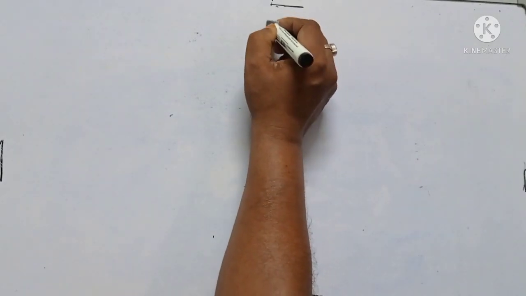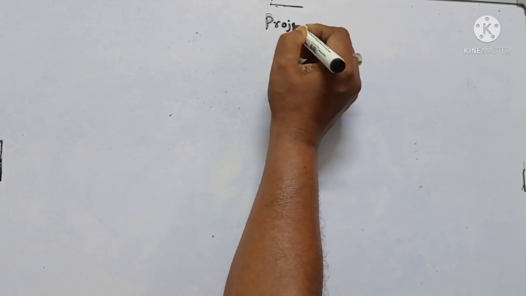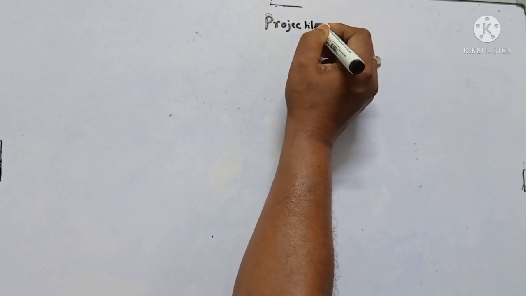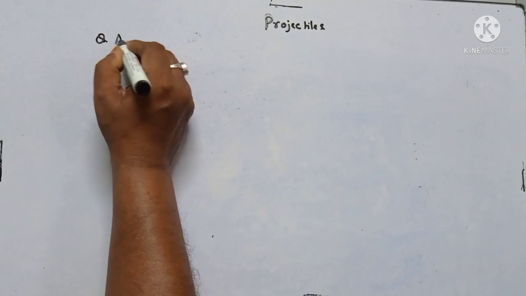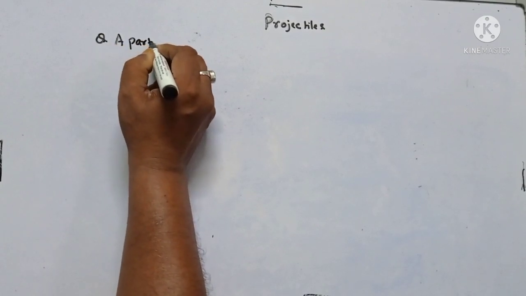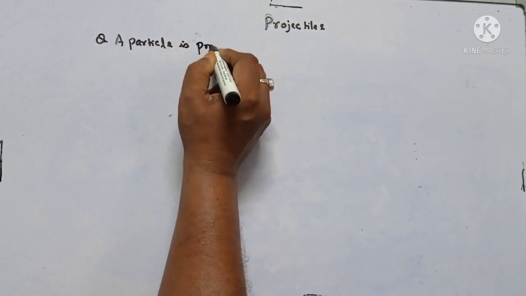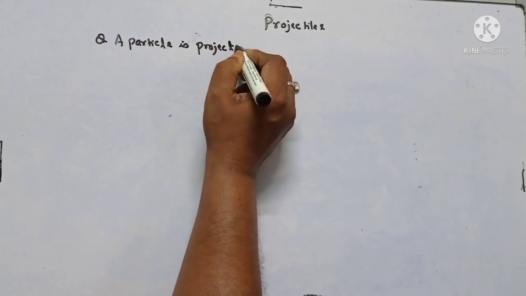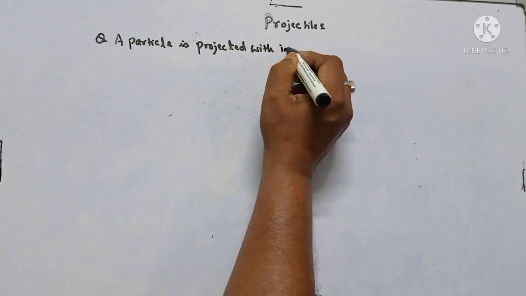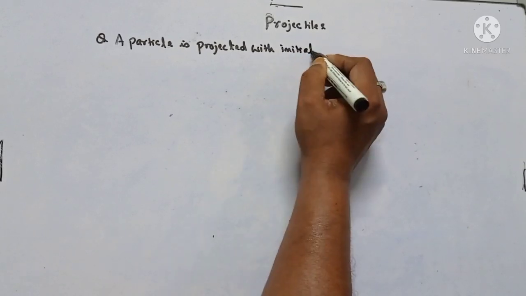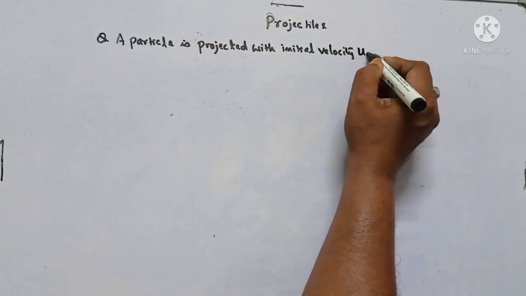Projectiles. The question is: a particle is projected with initial velocity u.